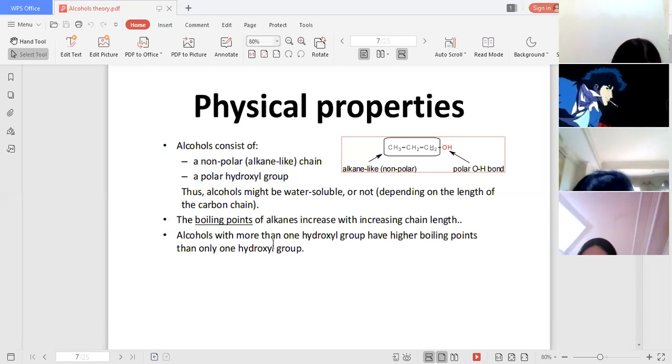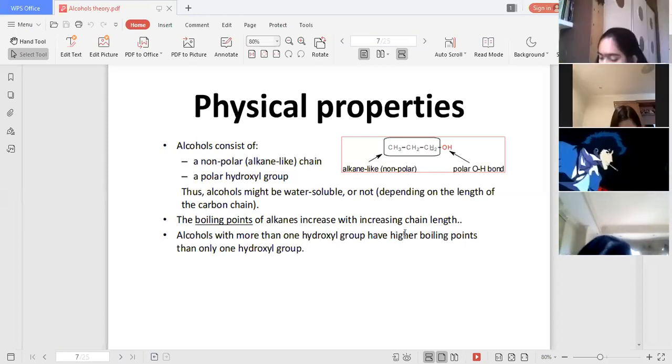Alcohols with more than one hydroxyl group have higher boiling points because it means they have more than one hydrogen bond. If it has more hydrogen bonding, then the ability to dissolve is greater.